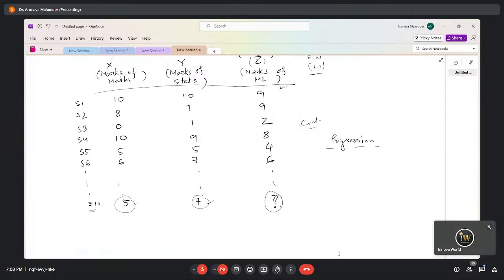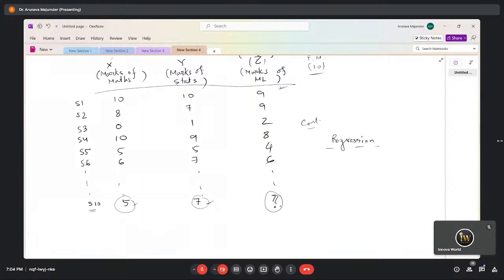That is why we have to use the statistical method of regression. Statistically, two types of regression analysis exist: one is called linear regression, another is called nonlinear regression.